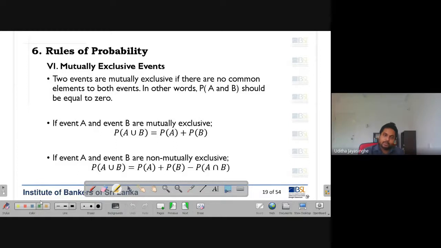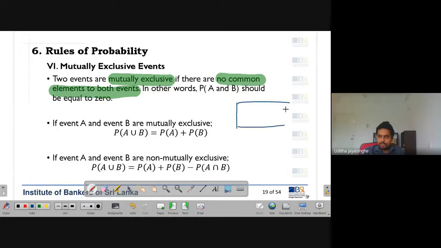How do you define that two events are mutually exclusive? If there are no common elements in both events. In other words, P(A and B) should be equal to 0. Actually, the Venn diagram that I wrote previously is a bit more suitable for this instance.